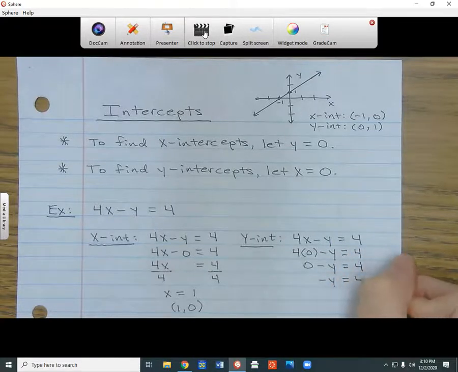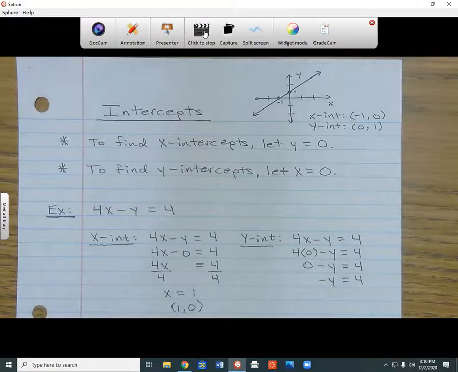Now to get y by itself, the only thing I have to do here is divide both sides by -1, and that will get rid of the negative out in front. So when I do that, I get y is equal to 4 divided by -1, that's going to be -4. So what that means is the y-intercept is -4.